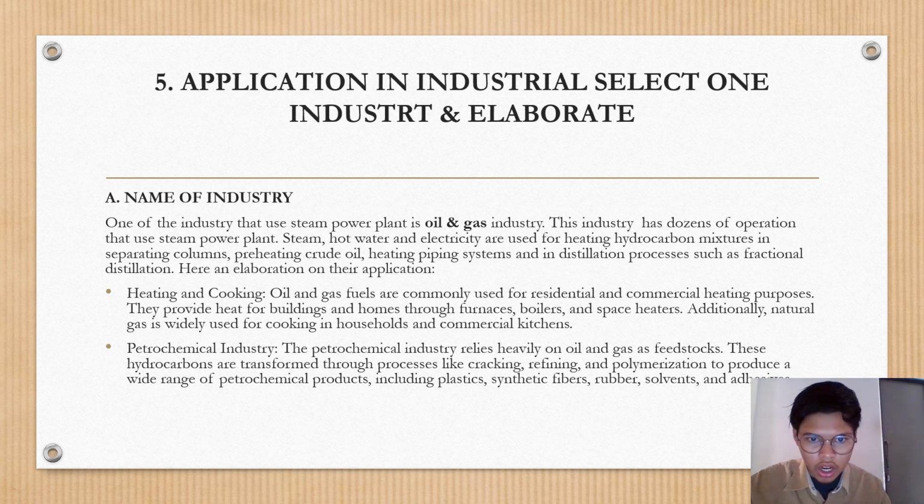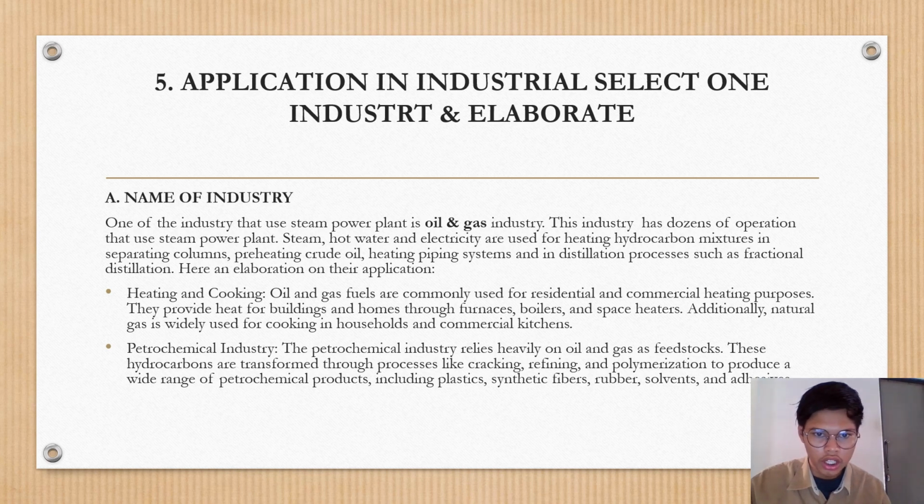Steam, hot water and electricity are used for heating hydrocarbon mixtures in separation columns, preheating crude oil, heating piping systems, and in distillation processes such as fractional distillation. Here is an elaboration on their application.